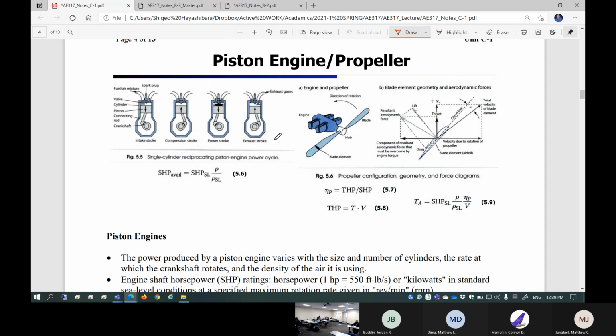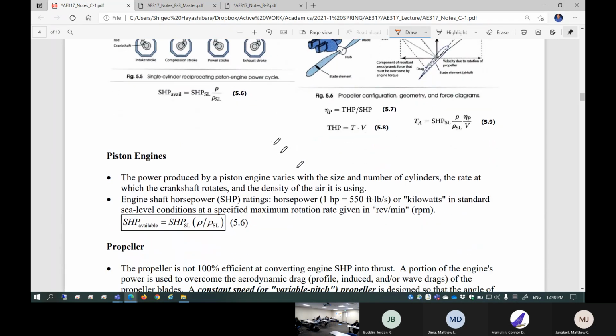So this is a piston cylinder configuration. This is a 4-stroke engine, right? It's similar to an automotive type of engine. And then shaft horsepower, SHP. Engine horsepower is usually measured by connecting to a dynamometer and measuring the horsepower through that shaft. It's called shaft horsepower.